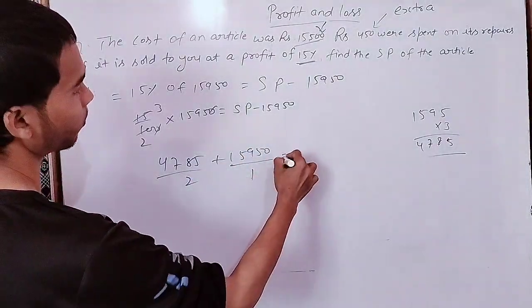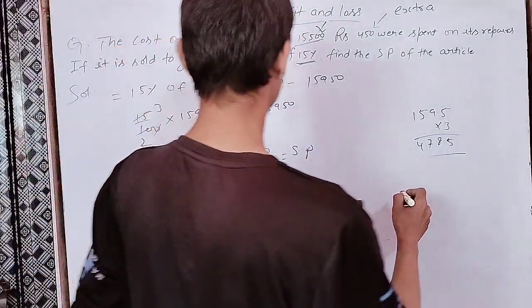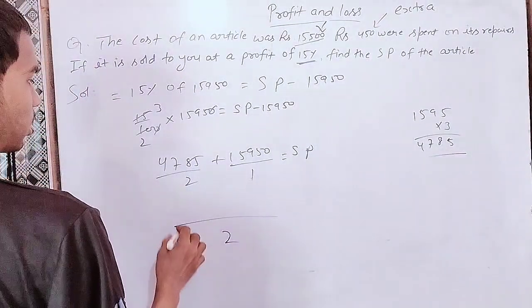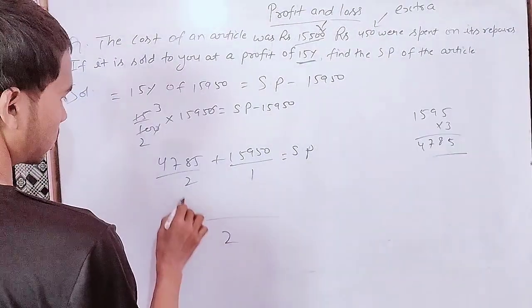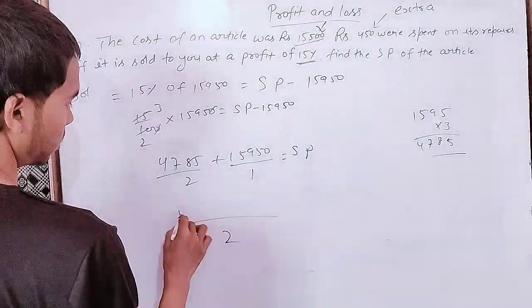Only 1 is what? SP. We have a fraction. We know that this would be 1. Denominator would be 1. Two ones are 2.